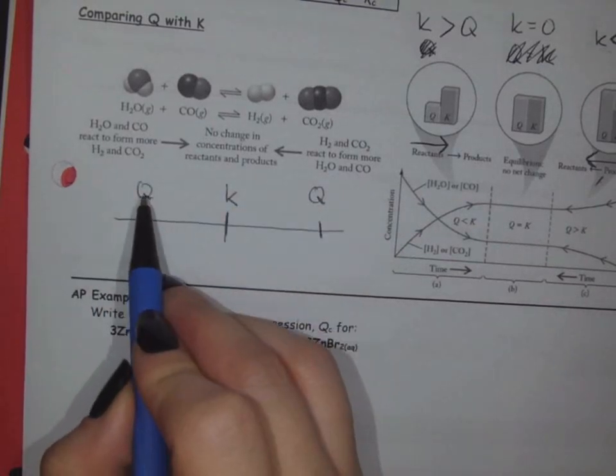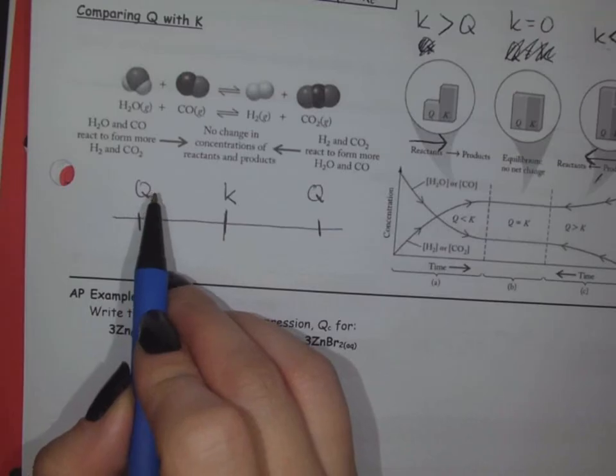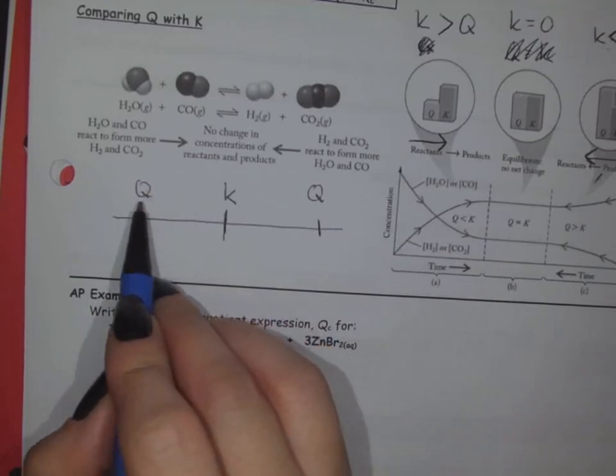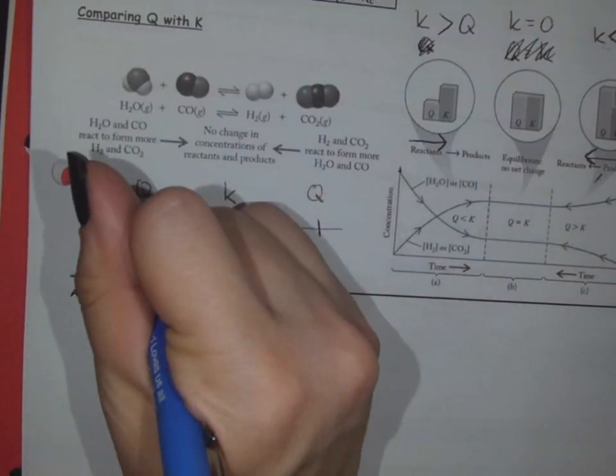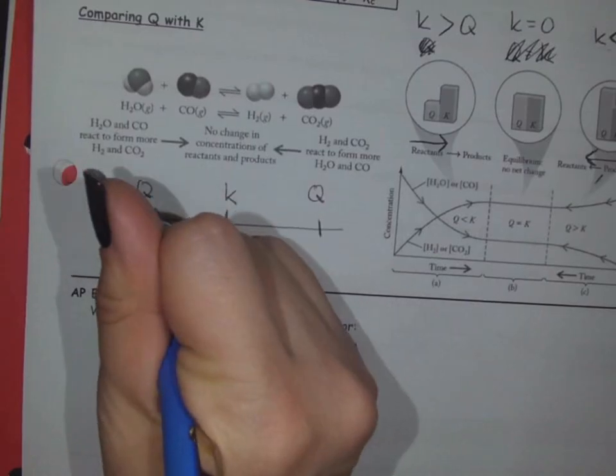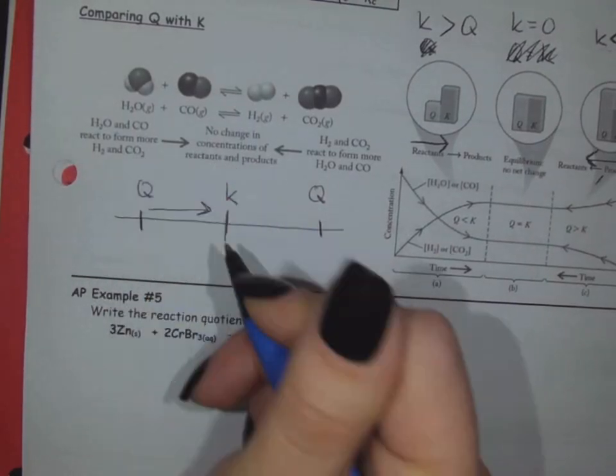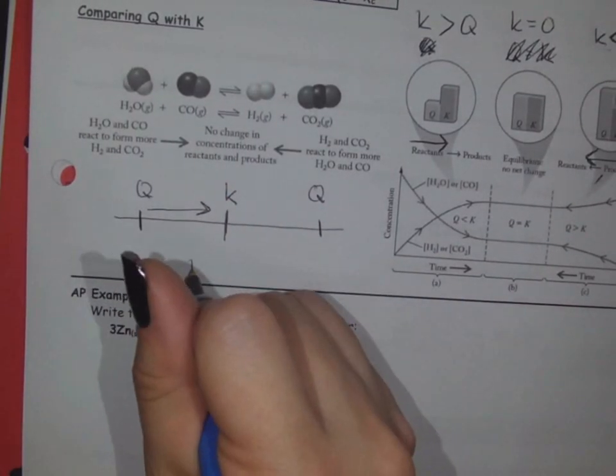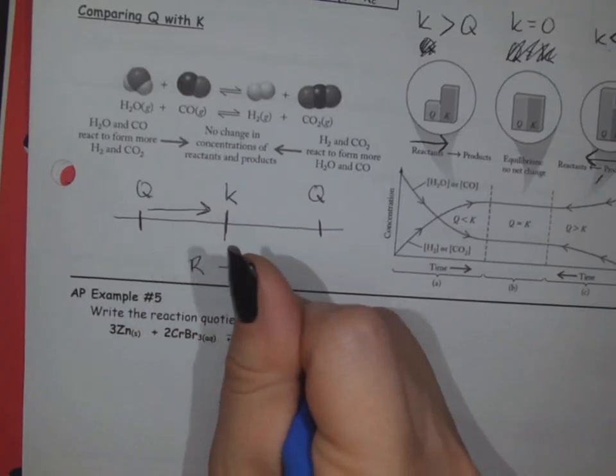So if Q is not equal to K, it's not at equilibrium, and it's going to try to get to equilibrium. And so for Q to get to K, Q is going to get bigger, or reactants turning into products.